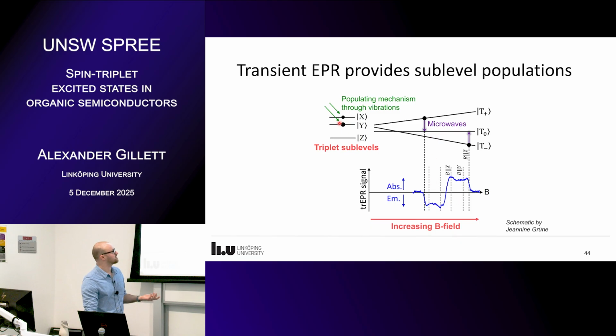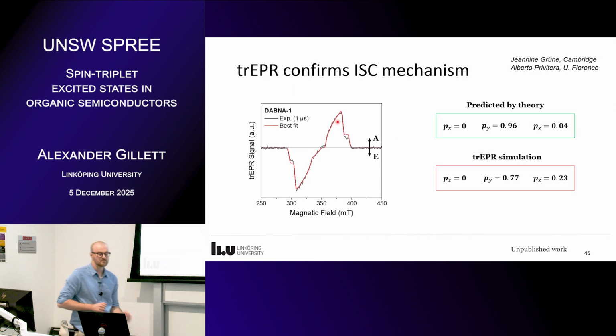What's quite nice is that different relative triplet sublevel populations will give you a different spectrum. And by simulating the spectrum, you can go back and work out the relative triplet sublevel populations. Working with Jean Gruner and Alberto Privatera, who's now in Florence, we did some EPR measurements on these Davlin-1 compounds. We get a nice intersystem crossing triplet with some emissive transitions on the low field side and absorptive on the high field side.